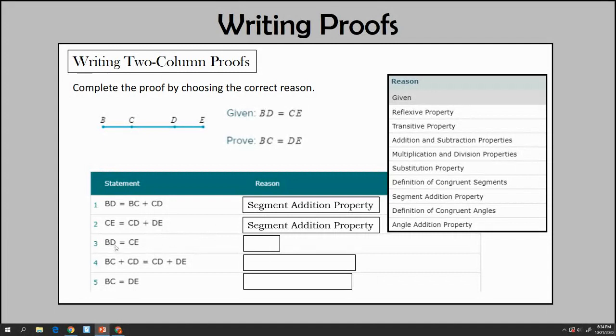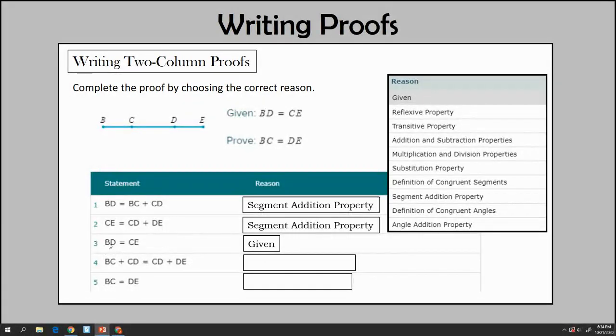The next line, BD equals CE. Hopefully you remember this. It was a given. So we just write given. They told us that fact. We didn't have to prove it. Okay, continuing. BD or BC plus CD equals CD plus DE. Now, where did this come from? Well, it comes from combining these three steps above.